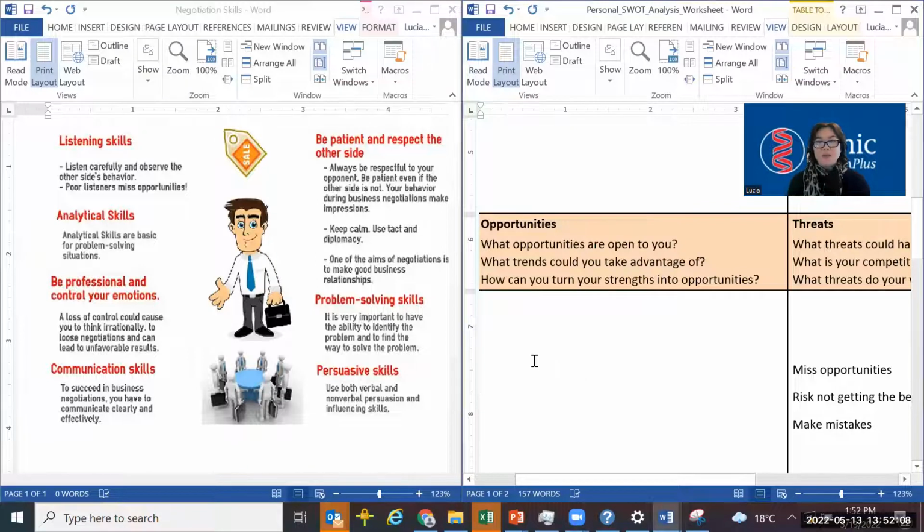And then I think about the opportunities. So opportunities is about when we think about the weakness or the area of gap. Okay, so I think about not being able to listen consistently. How can I improve on that? What can I do to develop on that skill? Okay, so what opportunities do I have?